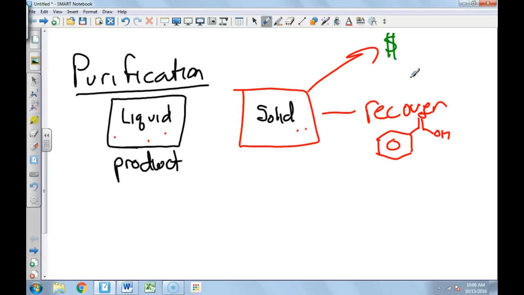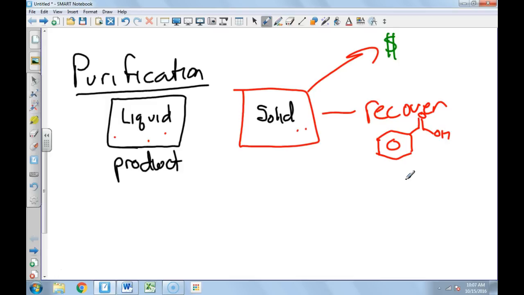Like when I was doing reactions in my graduate school career, I was doing cancer drug research, and some of the starting materials that we had were hundreds of dollars per gram. So we would want to make sure that if we had any extra, we would recover it and reuse it.